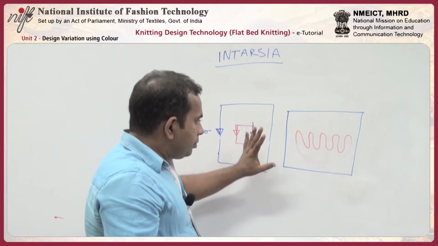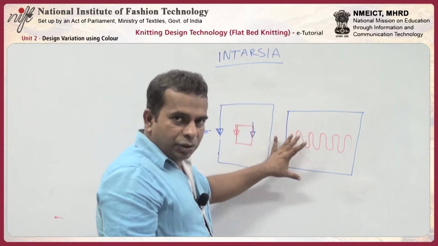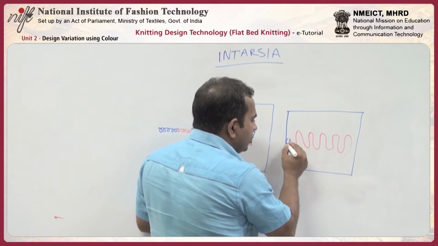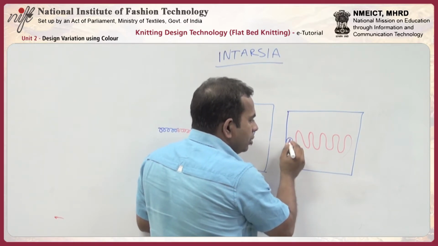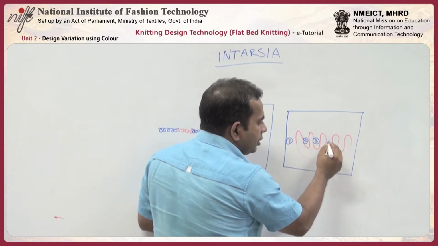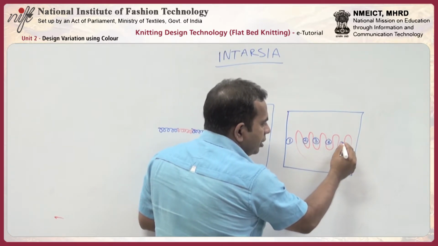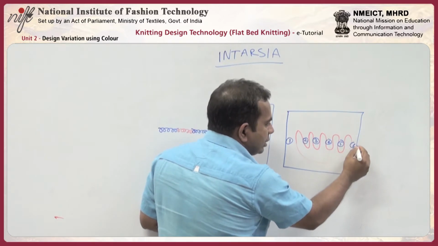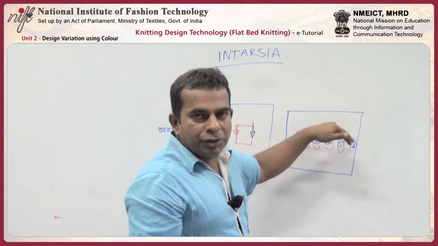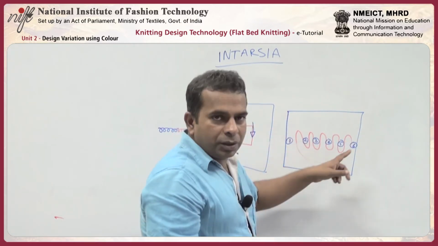Now if we are using the Intarsia method to produce this, we will have one feeder exclusively for this zone, blue color, a second blue color feeder, a third blue color feeder, a fourth, a fifth, and a sixth blue color feeder. There are 6 feeders with blue colors attached that would be working here.